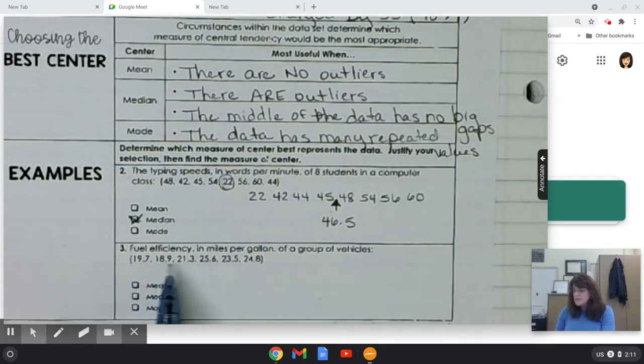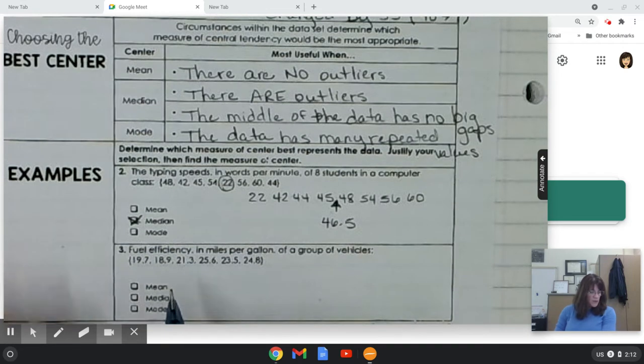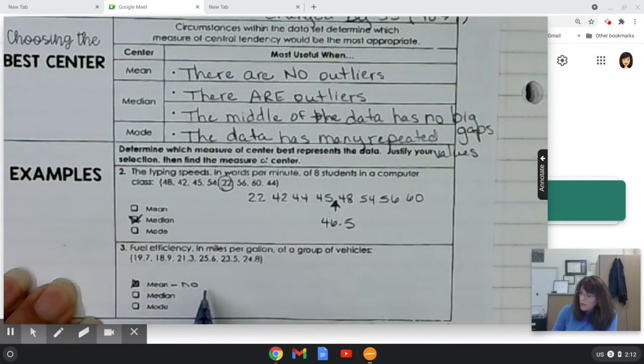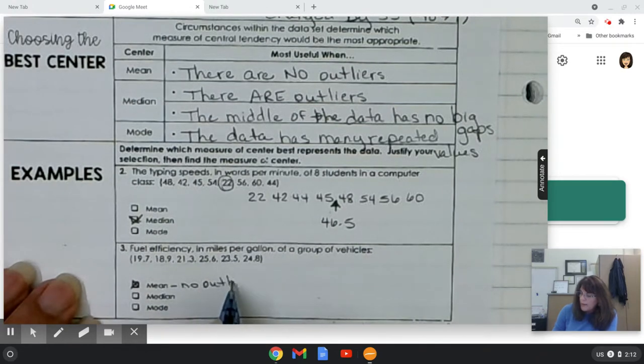There are some differences, but it's not a ridiculous range. There's nothing weird standing out here. So I'm probably going to use the mean because I have no outliers.